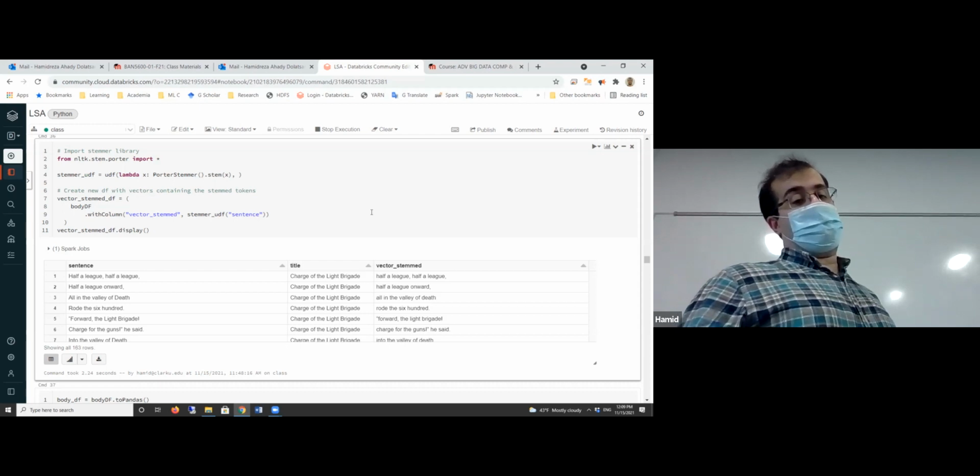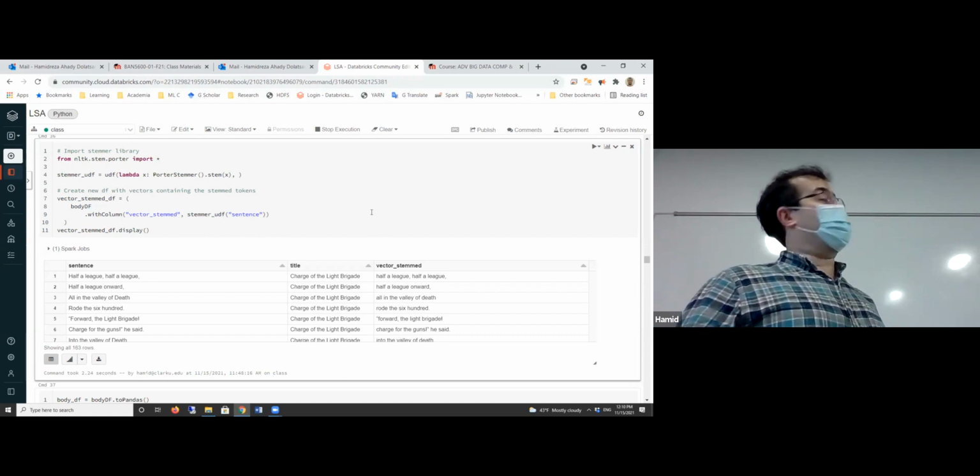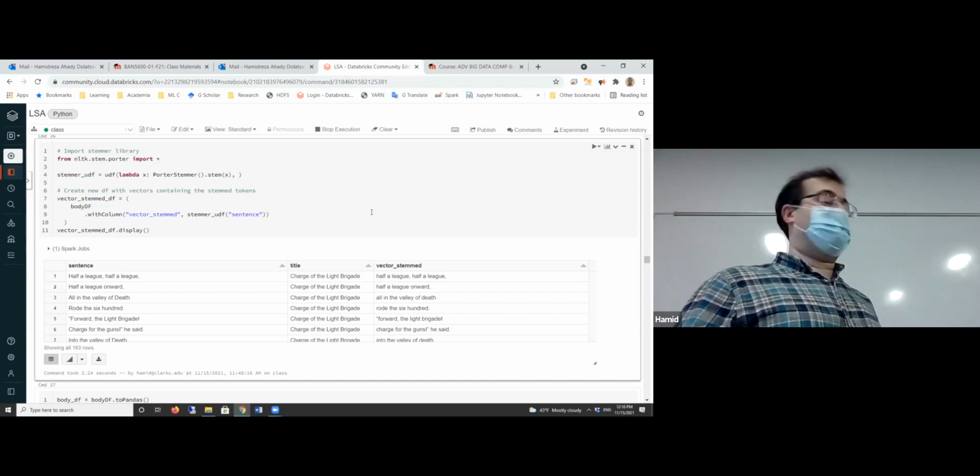The vector stem column just means I'm applying the stemmer UDF function that I defined.